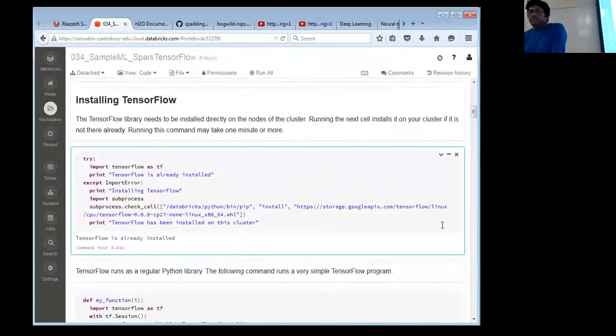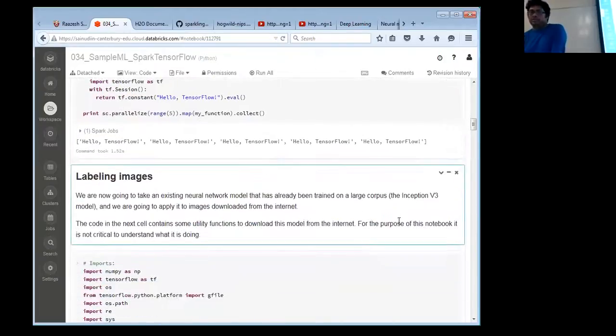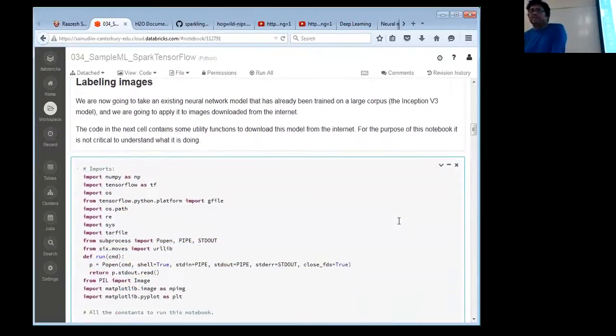Once you've installed it, these are just scripts for testing it. Here, our main job is to download a model that's pre-trained by Google already. This model was trained on a very, very large corpus of image data, and it will pick out non-human objects from images.